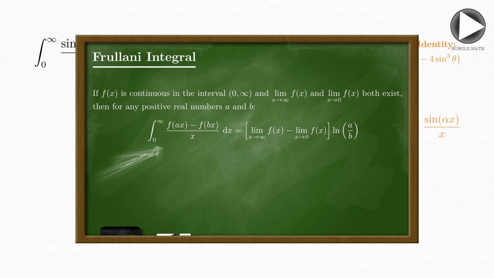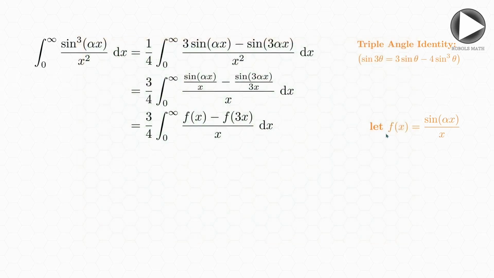It's important to note here that f of x must be continuous for the interval 0 to infinity. Now, if we go back to the integral that we have right now, our f of x here is sine of alpha x over x. And this is continuous for all x except 0, right?